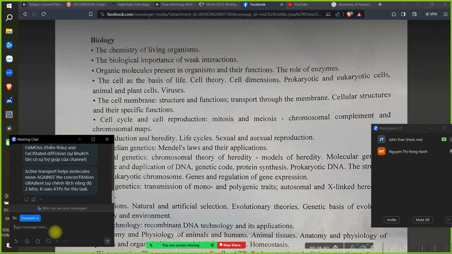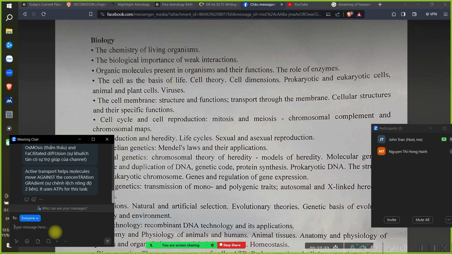I have an idea of the difference between active transport and passive transport, but why do we need to have the facilitated diffusion?